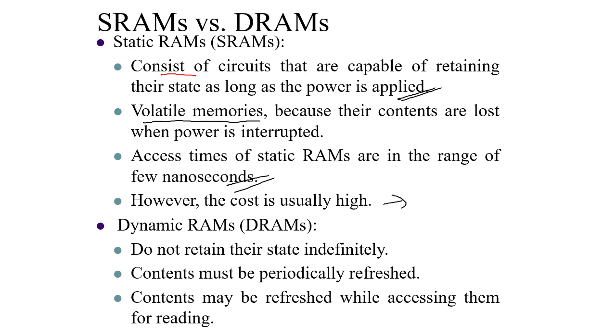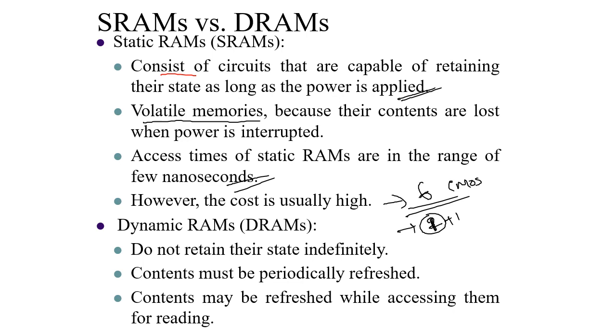We have seen that between the static RAM and the dynamic RAM, the major difference is with respect to the number of transistors. In case of dynamic RAM, you need only one transistor plus one capacitor, whereas in case of static RAM, you need 6 transistors in CMOS implementation. So obviously the static RAM will be much costlier as compared to the dynamic RAM.